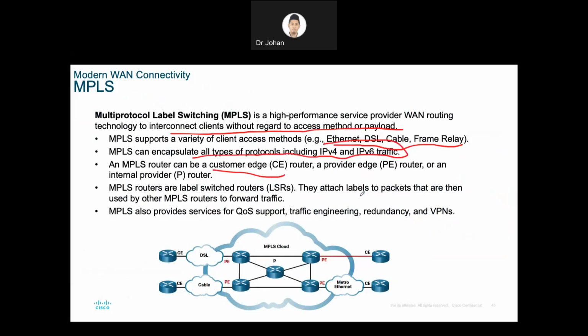They attach labels to packets that are then used by other MPLS routers to forward traffic. This is the MPLS cloud, which they use to manage traffic. MPLS also provides services for quality of service, traffic engineering, redundancy, and also VPN.